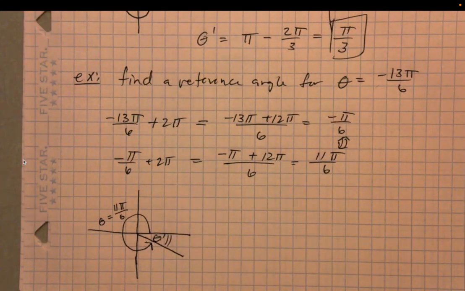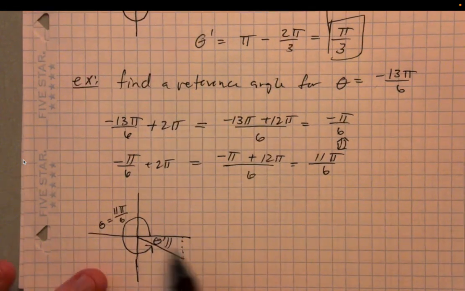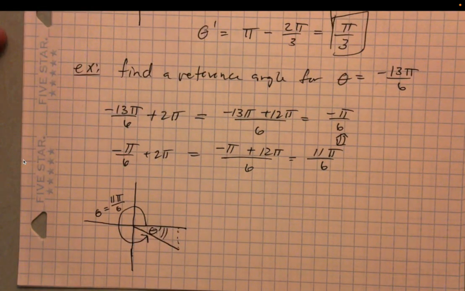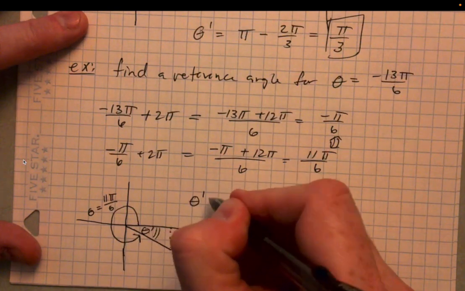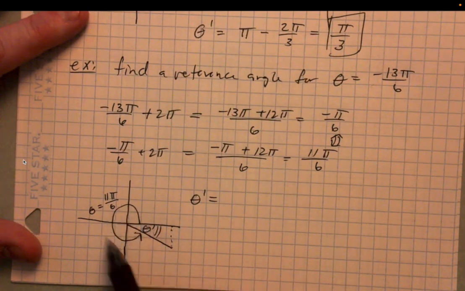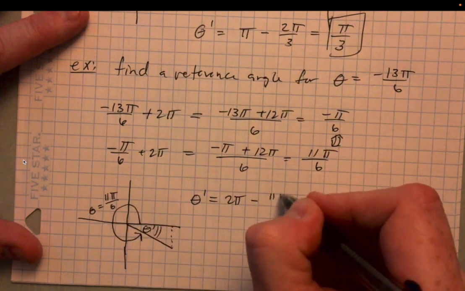Either way, the reference angle is going to be formed like so. If we drop the perpendicular onto the x-axis, that implies a triangle, and the central angle is the reference angle. And so theta prime in this case could be found using 2 pi minus 11 pi over 6.